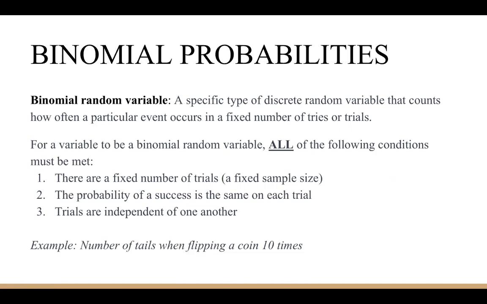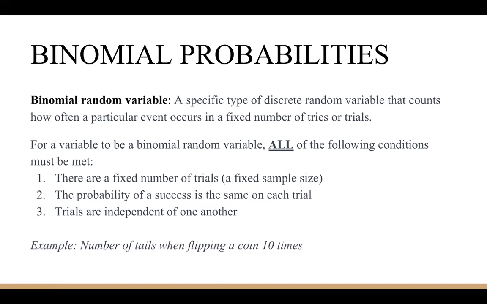For a variable to be considered a binomial random variable, it has to meet all of these three conditions. There have to be a fixed number of trials or a fixed sample size. The probability of success must be the same on each trial, so it creates sort of a level playing field there. And then just make sure that the trials are independent of one another, so one trial doesn't depend on the result of another trial.